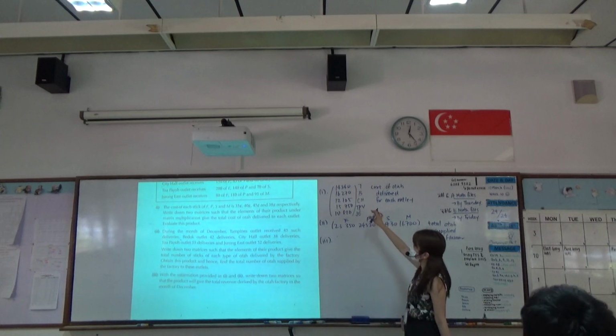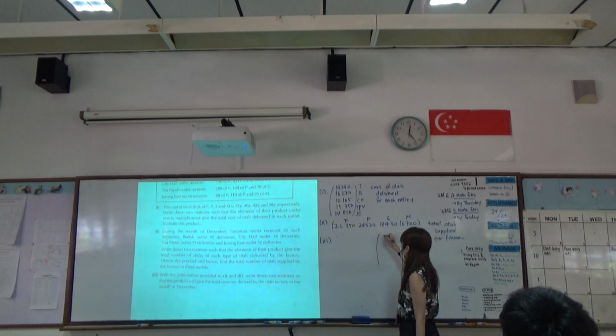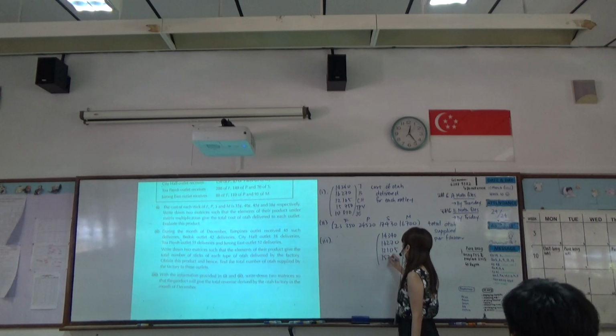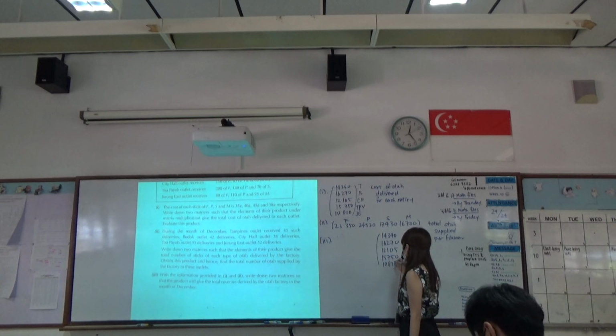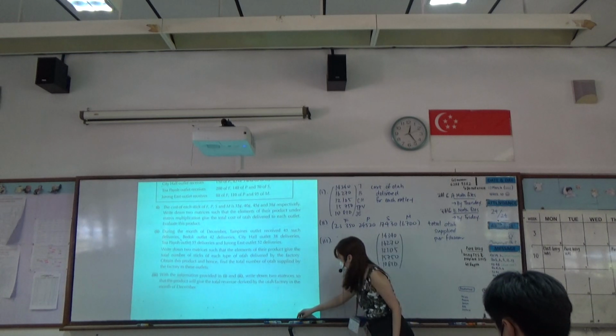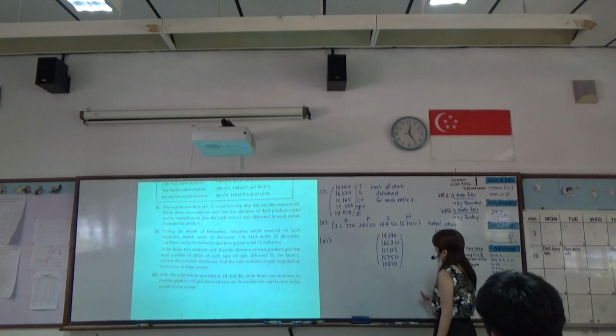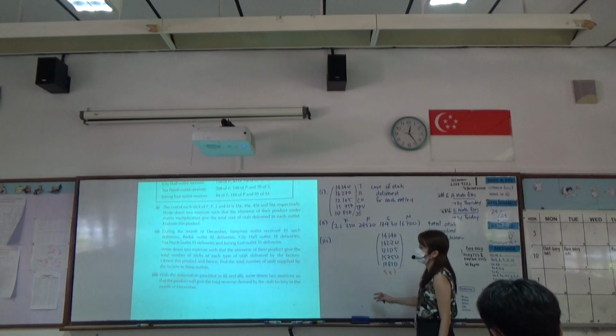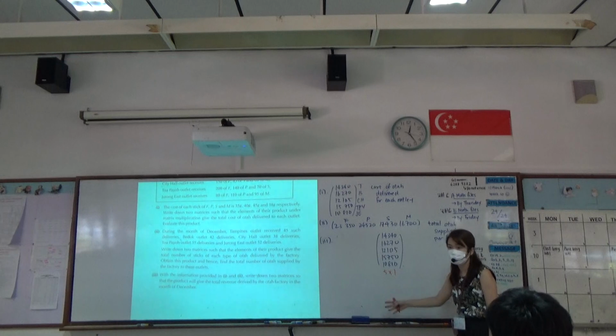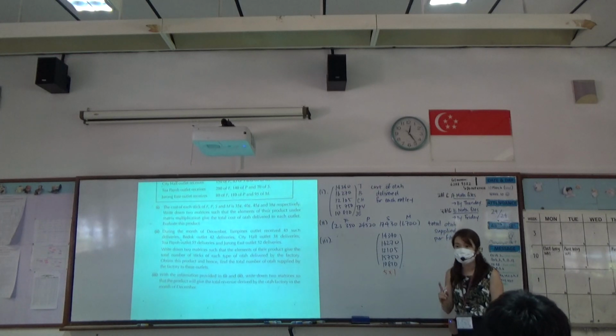Okay, this matrix is a 5 by 1 matrix. I want to be able to get a total amount of money being received by the OTA factory, and that will have to be a 1 by 1 matrix.